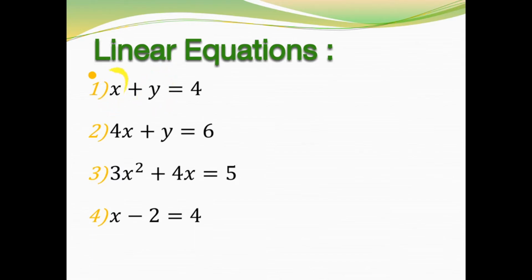Corresponding to the first term containing a variable, the degree is 1, and similarly the second term contains variable y and its degree is 1. So this equation contains variables and corresponding to the variable terms the degree is 1. So we can say this is a linear equation.